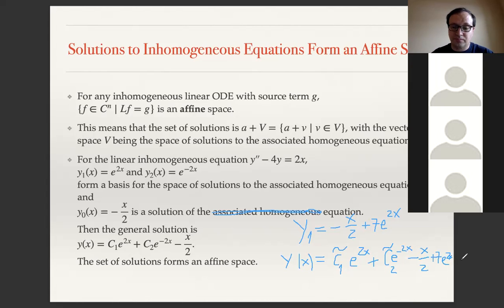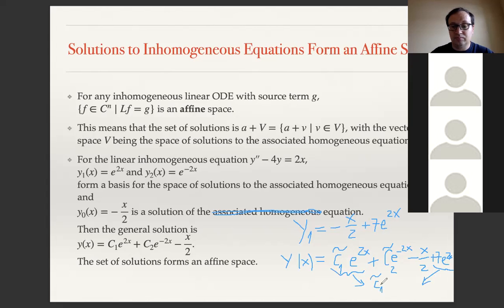So this looks different from the previous solution. The difference is this term 7 e to the 2x, but we can combine it with the first term, the c1 tilde e to the 2x. From these two terms together, we just get c1 tilde plus 7 times e to the 2x.